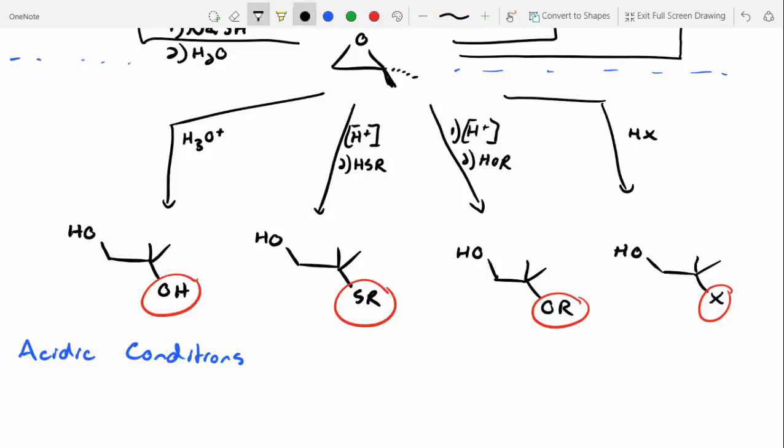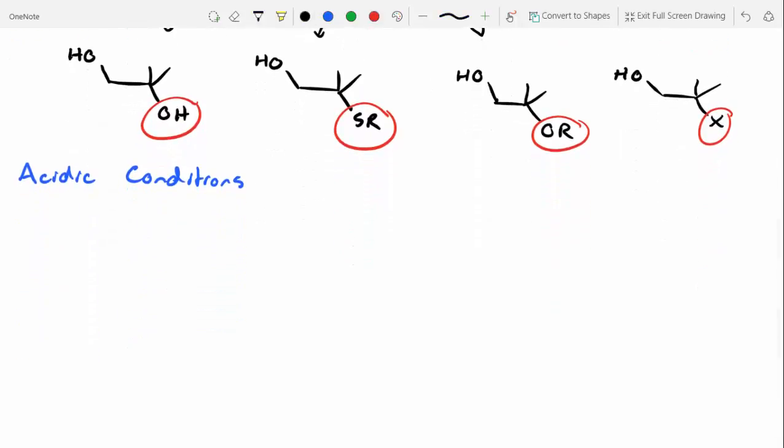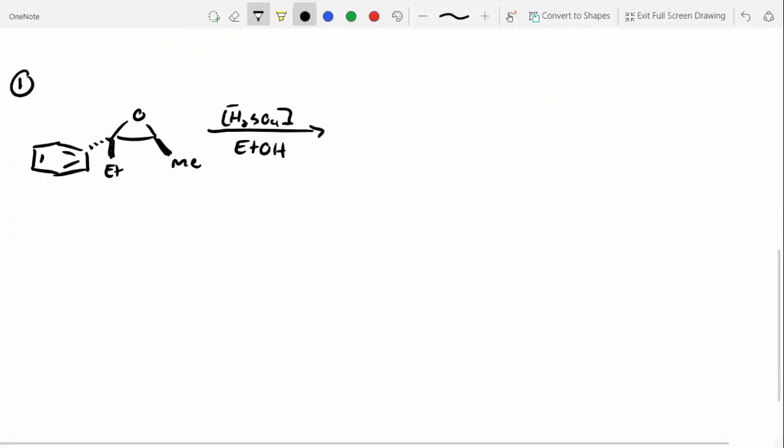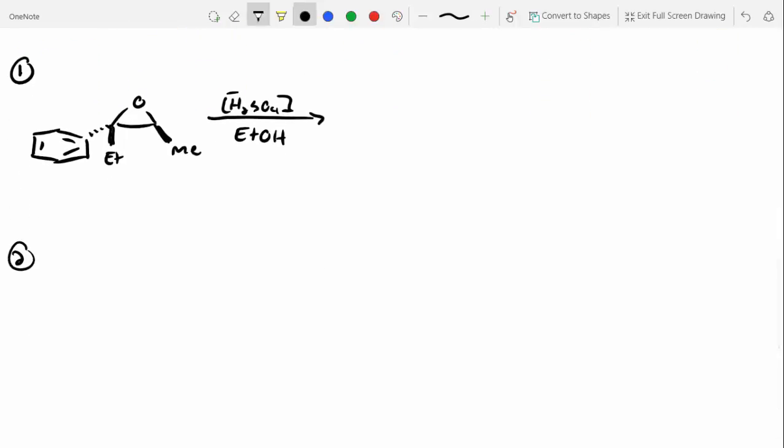And if you want, you can work with a neighbor next to you, but I'll throw down a couple example problems. So this one we're going to add in catalytic acid, followed by ethanol. And then I'll put down a couple more practice ones.